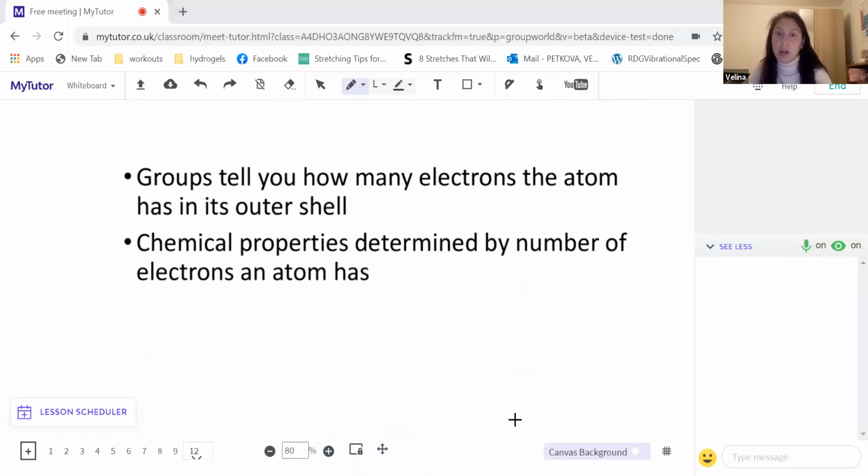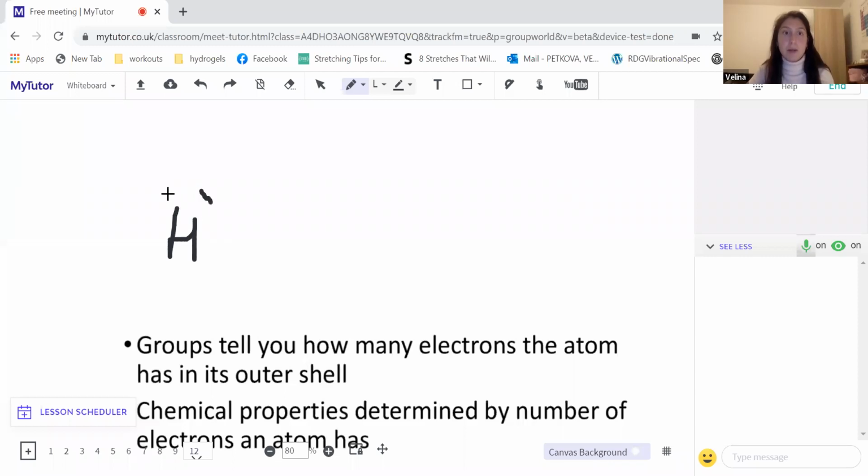So an atom, we've said, can hold up to 8 electrons, so 2 in its lowest energy shell, right near the nucleus, 8 in any shell after that. So the most stable configuration is when you have a full shell. So hydrogen's a bit sad because it only has 1 electron in its outer shell.